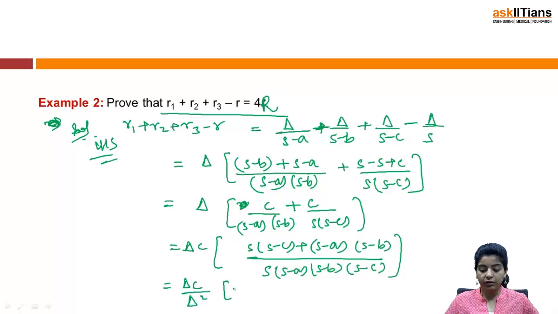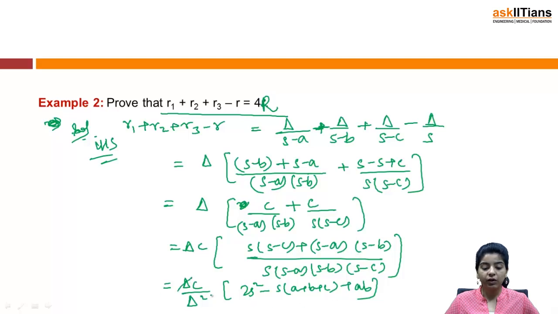And what about the numerator? Numerator becomes 2S square minus S, A plus B plus C, plus AB. So this becomes S square plus S square, 2S square minus S into A plus B plus C plus AB. This is what we get.